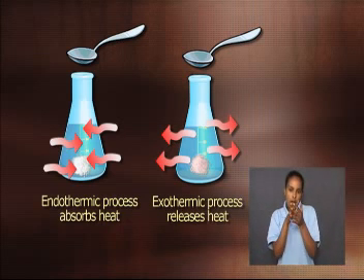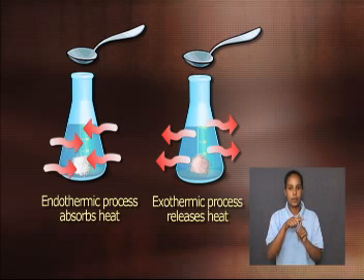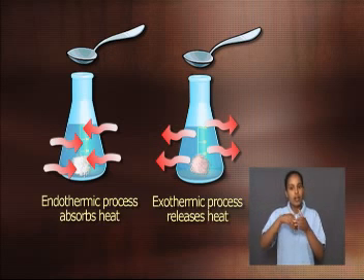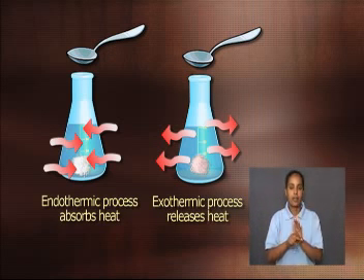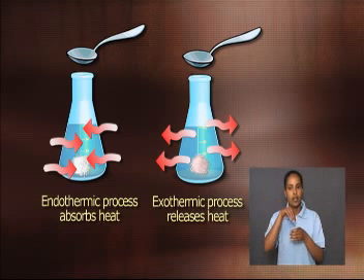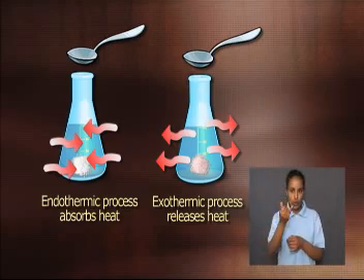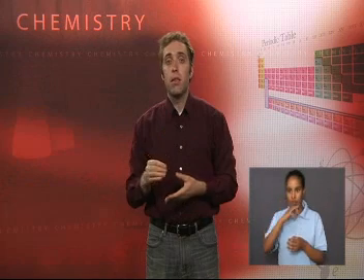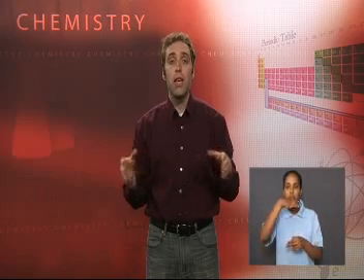The energy absorbed is expressed in values that are positive, while the energy released is expressed in values that are negative. Both are expressed in terms of kilojoules per mole. Thus, the heat that is either absorbed or released as a solution is formed is called the heat of solution.